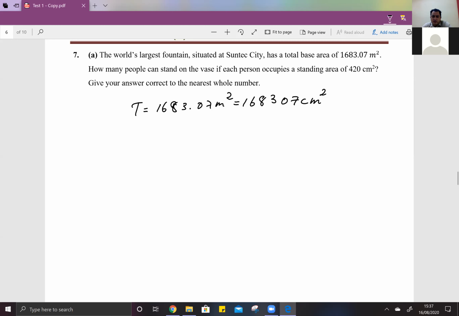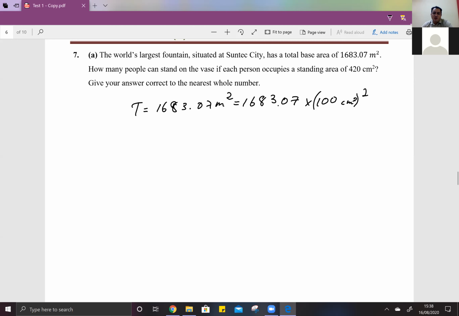Can you delete centimeter squared and put a decimal point after 3 times? Instead of 1 meter, write 100 centimeter in brackets. No, 100 centimeter in brackets, both inside the brackets. Okay. Squared. No, outside the brackets.